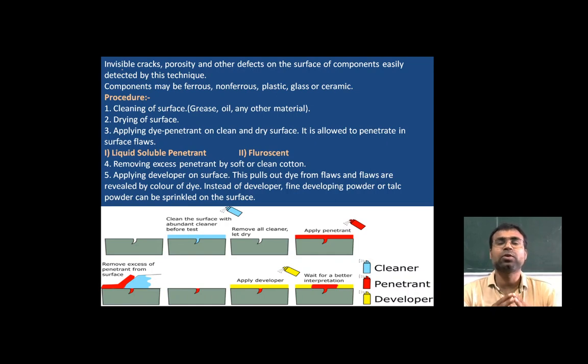Dye in the sense that you can also utilize an ink, or vegetable oil, which was used in the earlier stages. Now we have various kinds of chemical penetrants, but these materials are also utilized nowadays. So we apply the dye penetrant on the clean and dry surface.